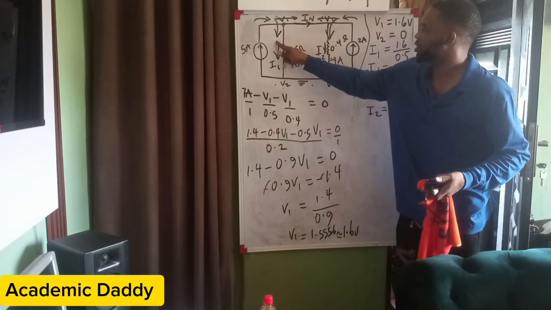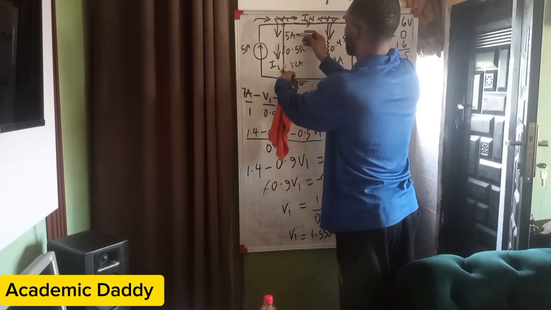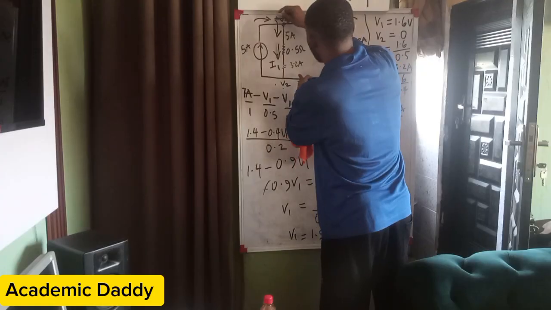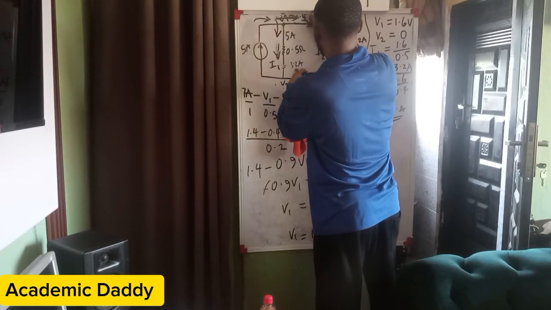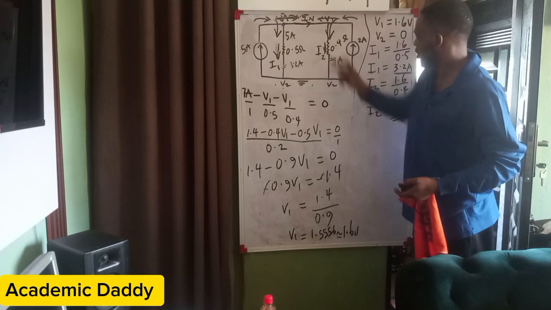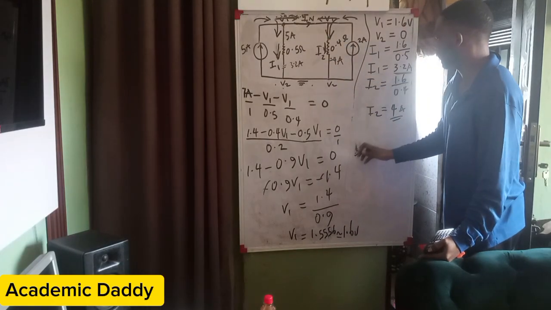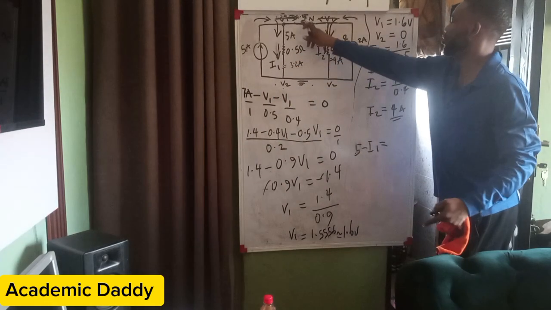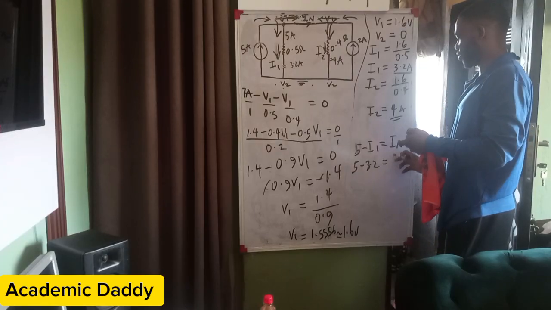Now, 5 amps enter here. The current that will continue is the 5 that entered minus the one leaving here, I1.